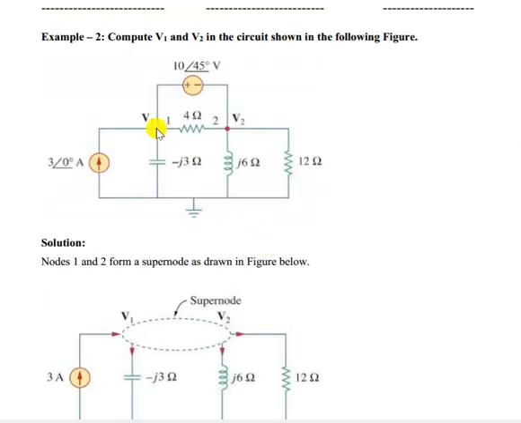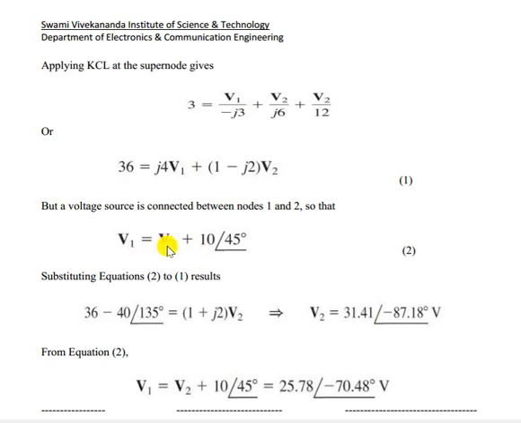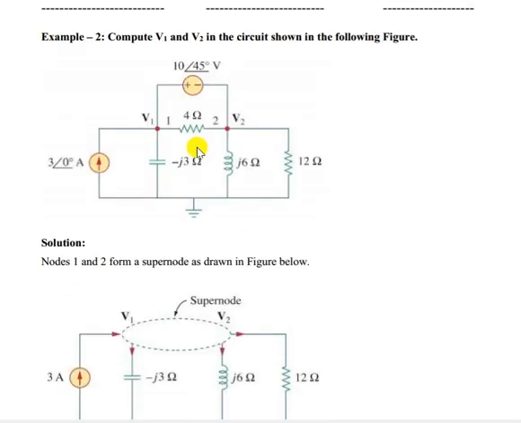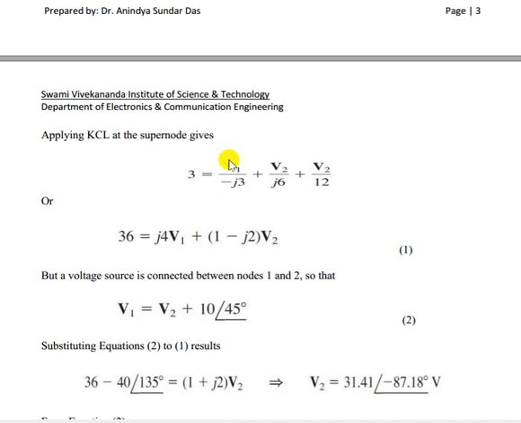Now from this particular super node, if we apply KVL, we find V1 minus V2 equal to 10 at angle 45. Then V1 equals V2 plus that value.